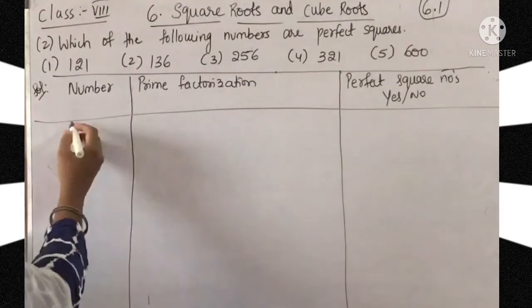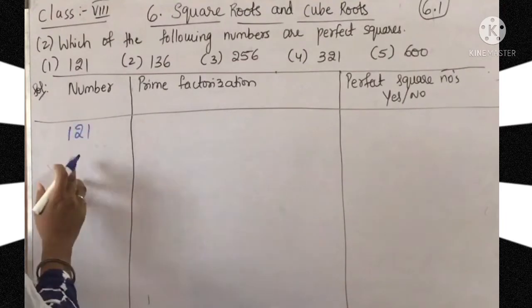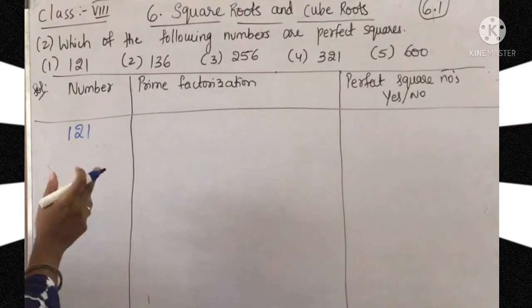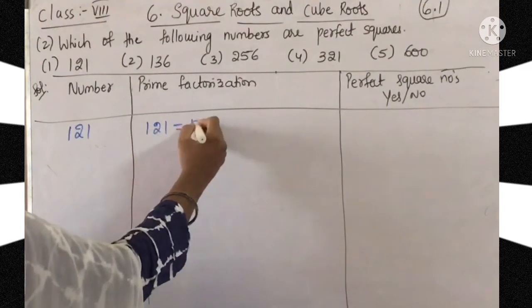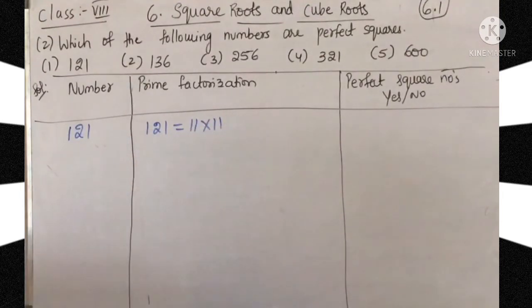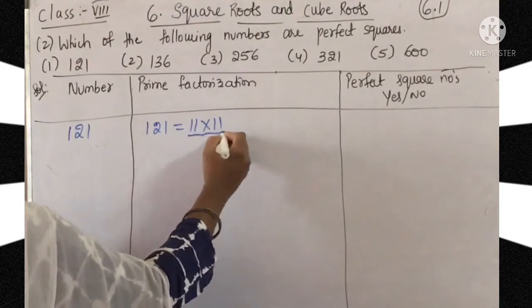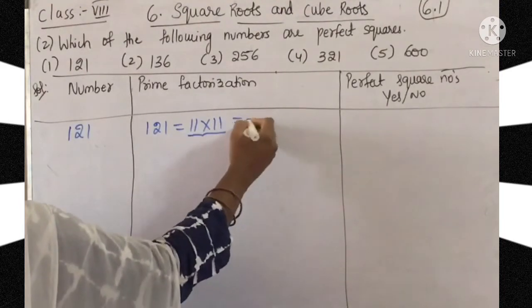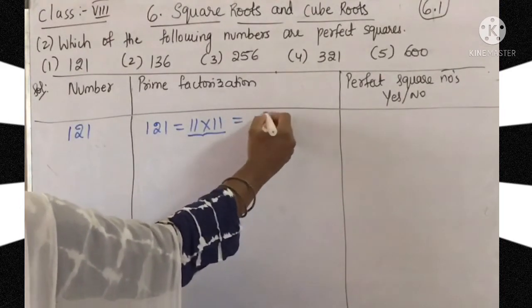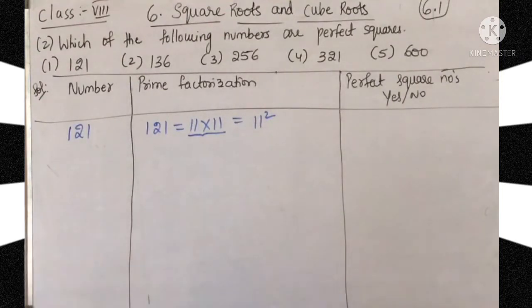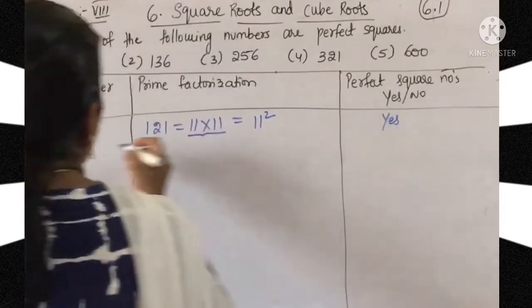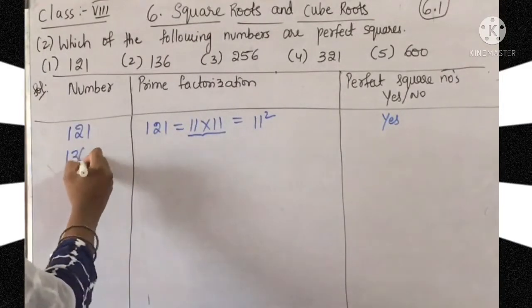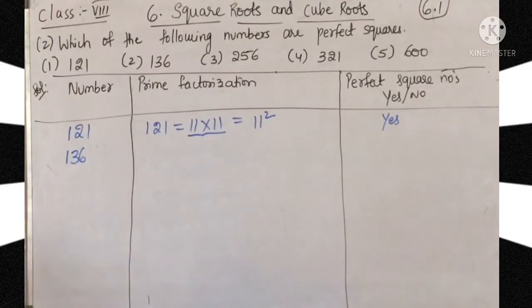First one, if you take 121, you know 121 goes in the 11 table only. So 121 is nothing but 11 into 11, right? That is, you have a number multiplied with the same number 2 times. So we can write this as 11 square. So it is a perfect square. Yes or no? Yes. Coming to the next one, 136.